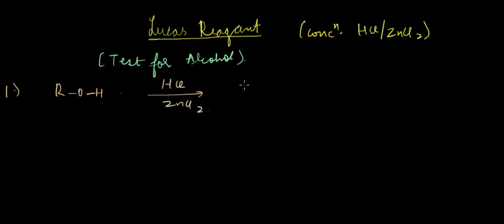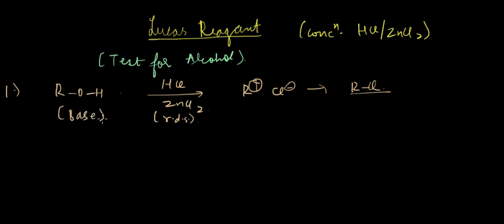It will get itself converted into R plus and Cl minus, and then the RCl bond would be there, and this would be the rate determining step, and this Cl in this case would be acting as base. Okay. So actually why do we need the presence of ZnCl2?